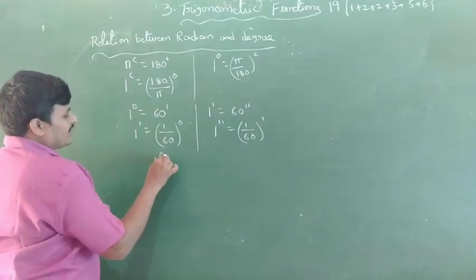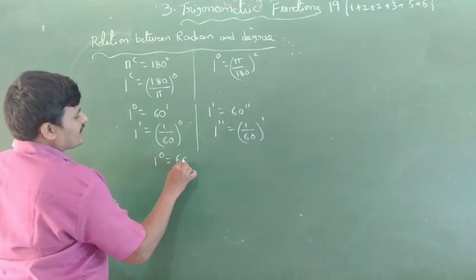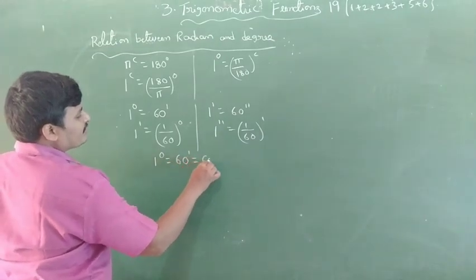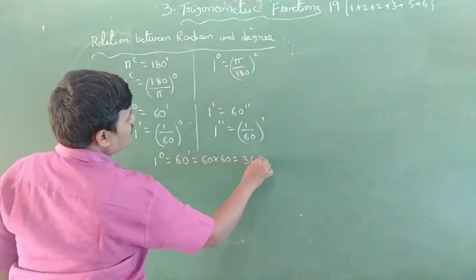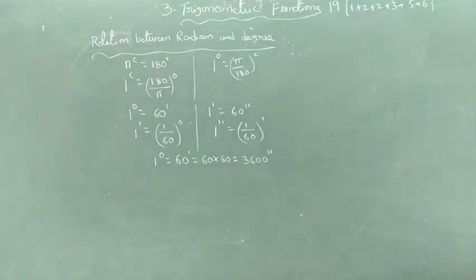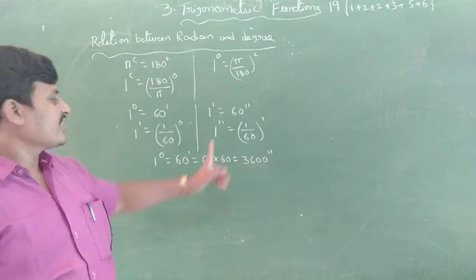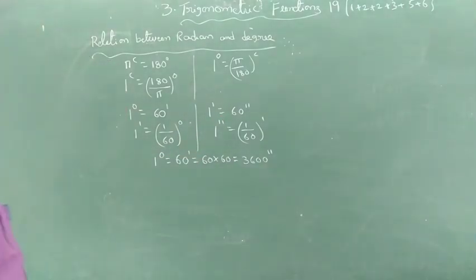So 1 degree is equal to how many seconds? 60 minutes, 60 minutes is equal to 60 into 60, 3600 seconds.